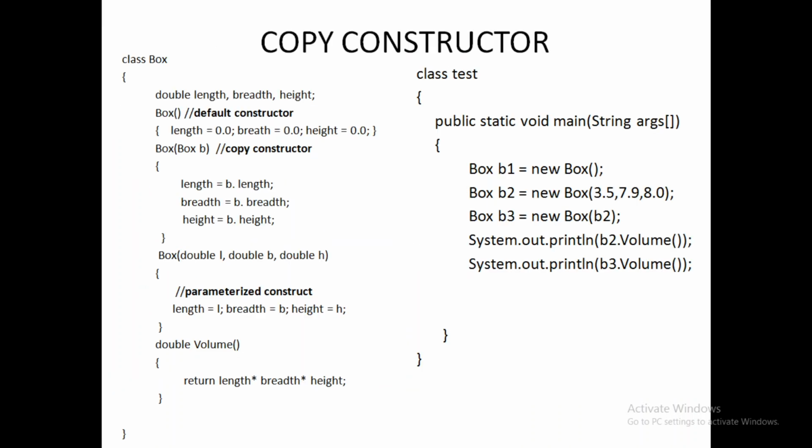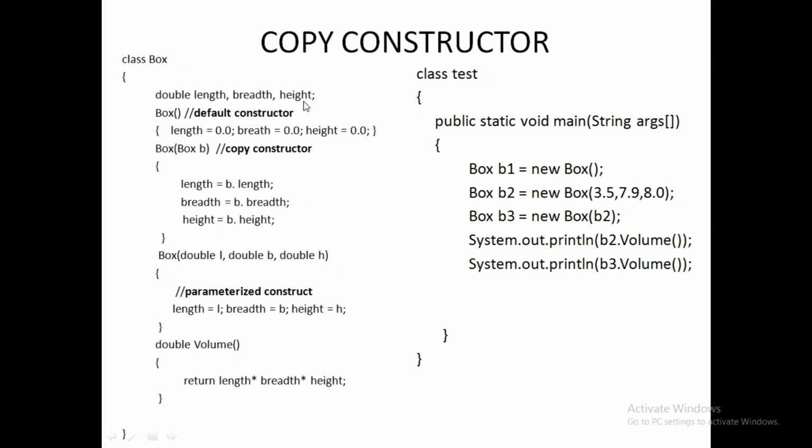Now we'll discuss a special type of constructor named copy constructor. Why is it needed? To understand that, let's consider we have a class which consists of 50 or 60 instance variables. Here the box class only consists of 3 instance variables: length, breadth and height.